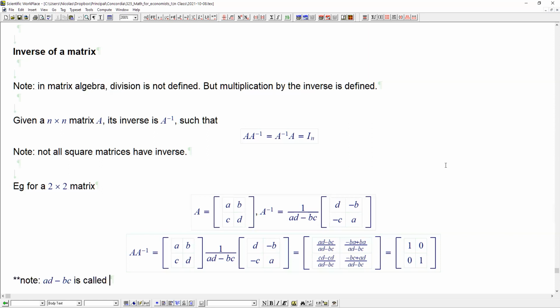No? It's called the determinant of the matrix A. And this is a super important concept.